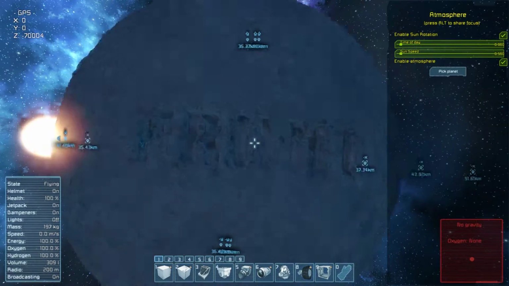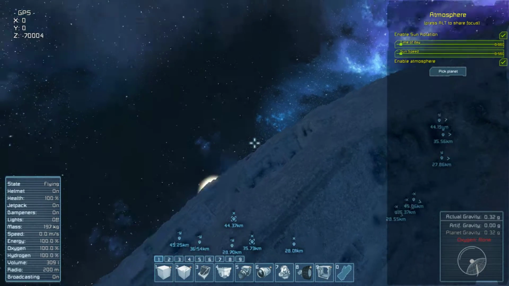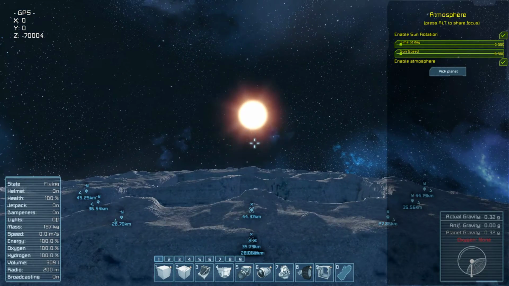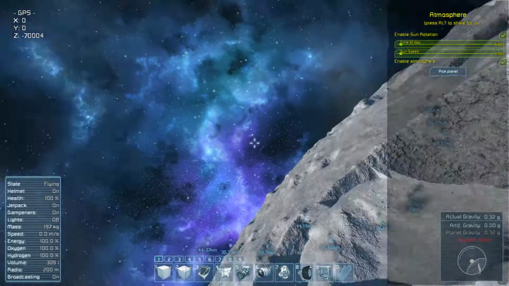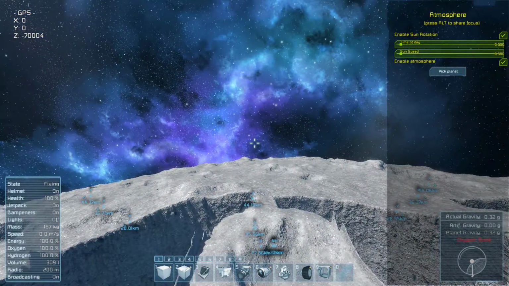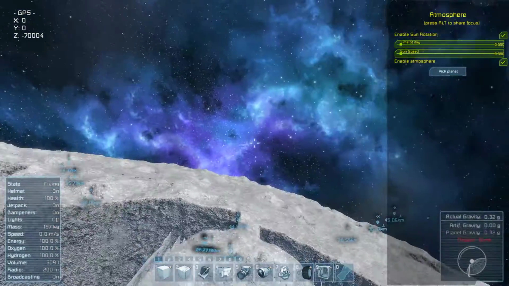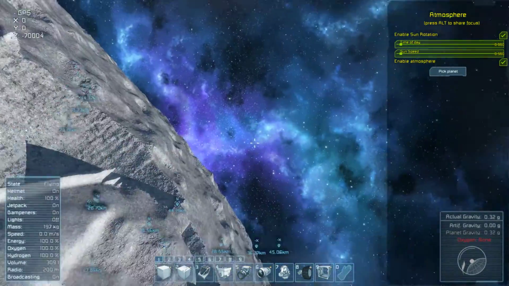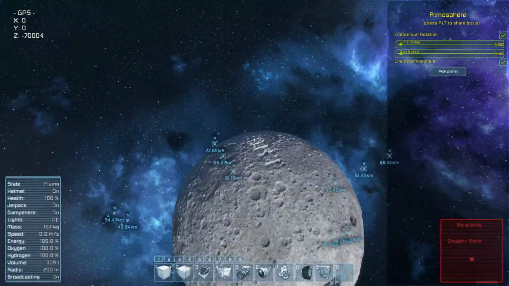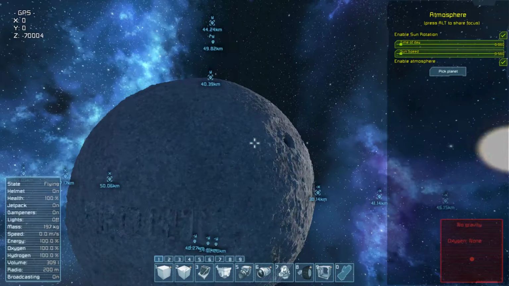But unless our solar system is an anomaly, the sun generally happens on that side of the planet in the morning and on that side of the planet at night when it's going to bed. So yeah, planets are spinning in the wrong direction, or rather the sun is going around planets in the wrong direction currently in Space Engineers.